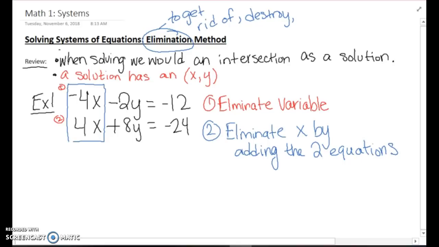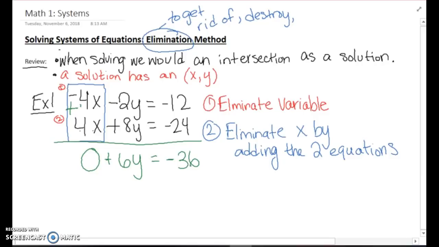Okay, and please be writing down the steps. I am going to be looking for them. So if I add the top equation with the bottom equation, we're going to add like terms. Negative 4x plus 4x gives me 0 because a negative and a positive cancel out. Negative 2y plus 8y gives me positive 6y equals negative 12 plus negative 24, negative 36.